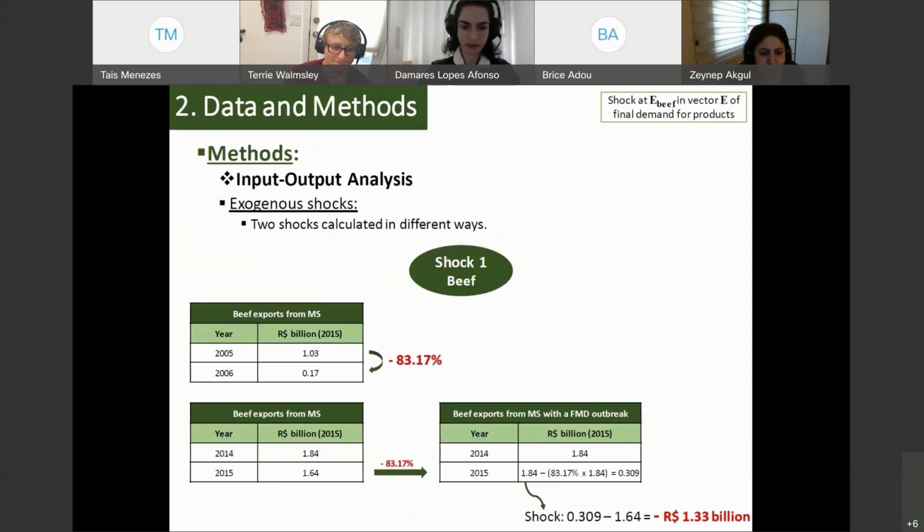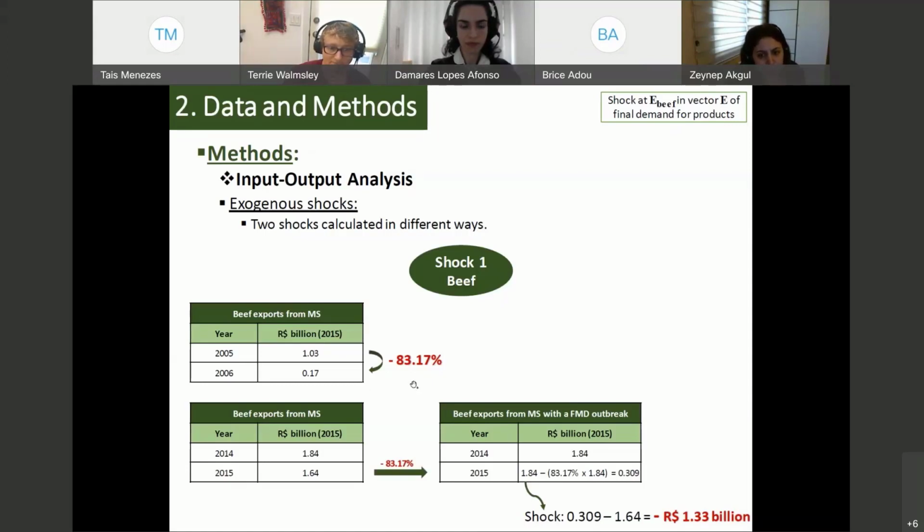Shocks on the input-output model were calculated in 2 different ways. We applied shocks in the same variables, but we calculated them in 2 ways to compare if there would be big differences. In shock 1, we calculated the proportion in which exports of beef and pork from Mato Grosso do Sul fell between 2005 and 2006, the last outbreak.